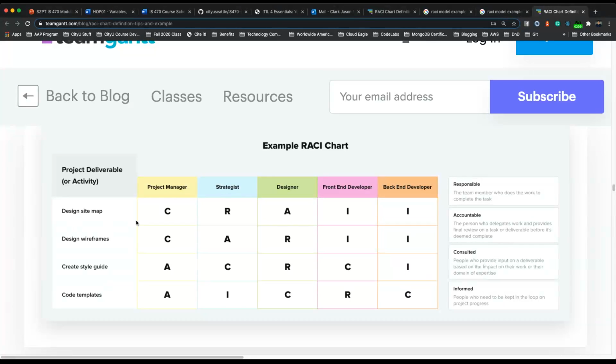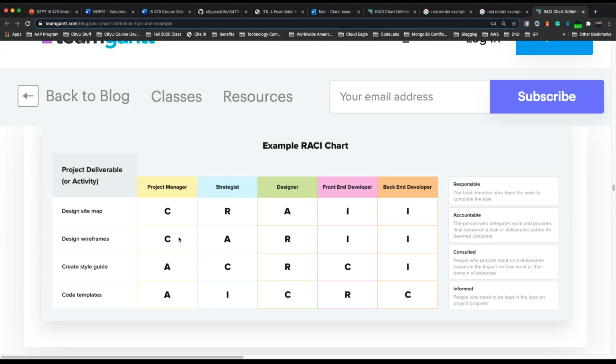And this design site map is the strategist's for now. And now when we go to wireframes, where they create the layout of the website, who's responsible for that? It's the designer, right? So this one just shifted. The project manager is still consulted because they want to see if it's still part of the project scope.